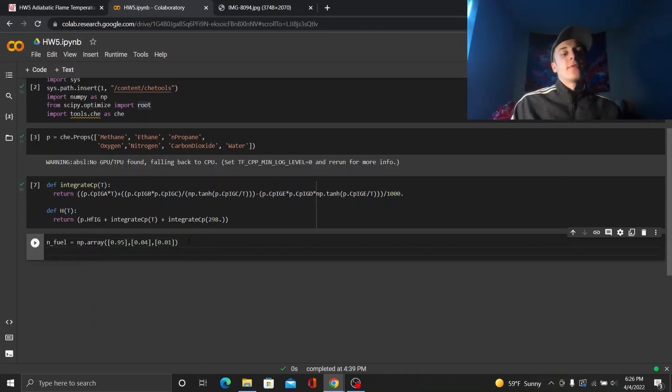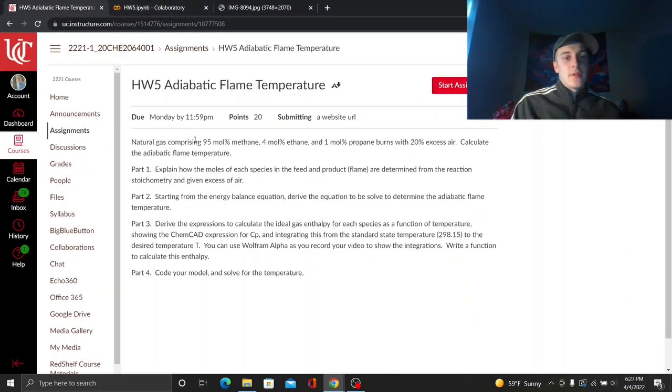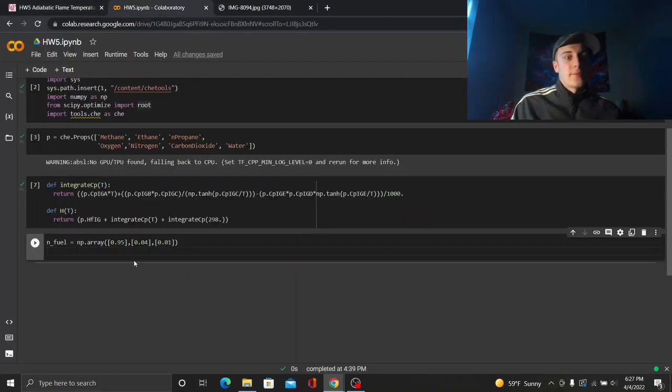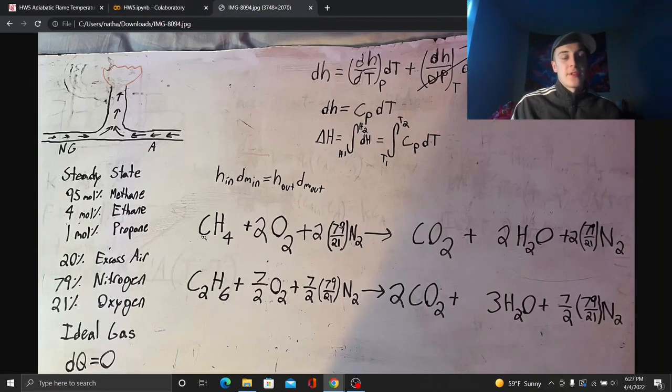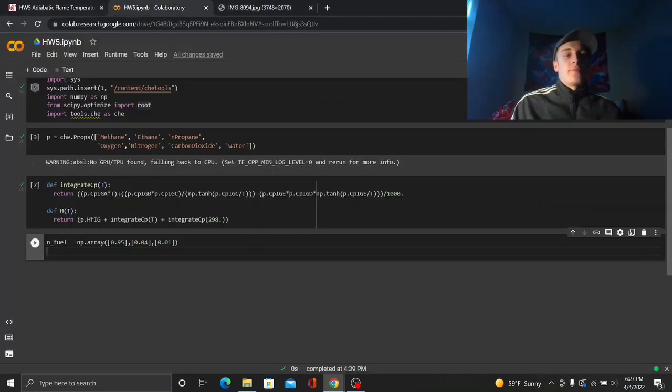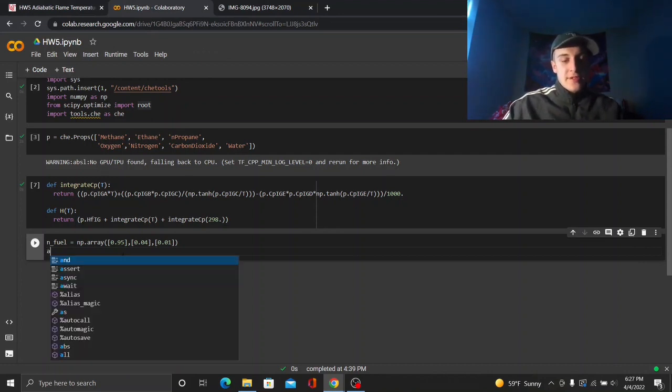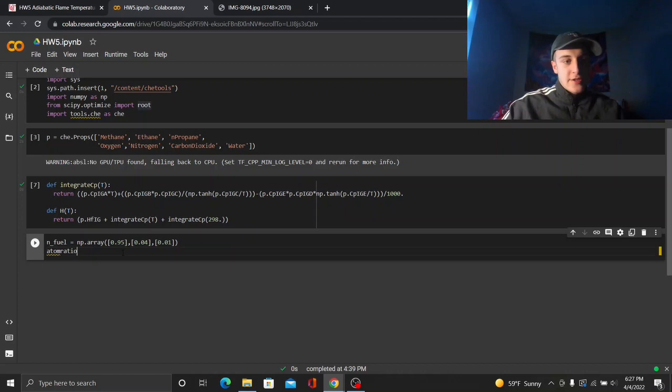And then, like I said before, we will be doing a matrix multiplication of those values multiplied by the ratios of the carbon and hydrogen in each of the methane, ethane, and propane. So I'm just going to call this like the atom ratios. And this will be another array.